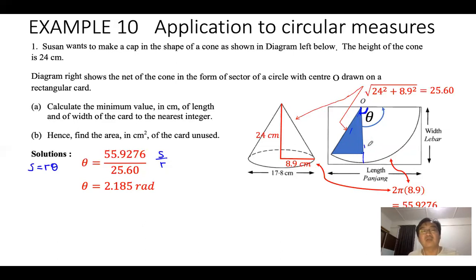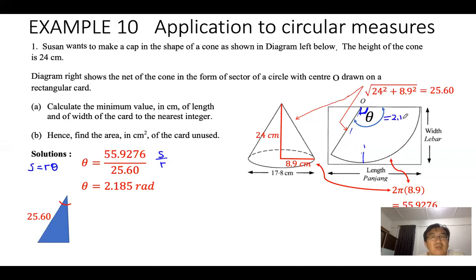So we continue. Here, the triangle, we move it to the left corner here. So 25.6. The angle here is 2.185, so the whole angle is 2.185.